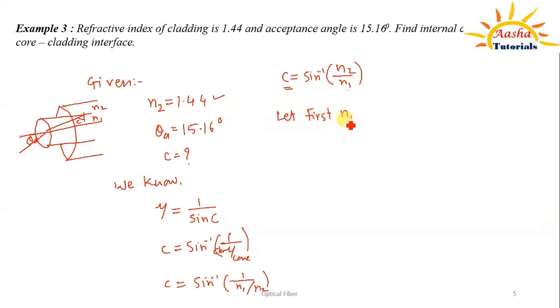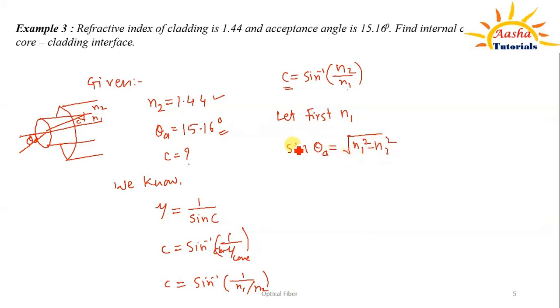And how can we find this? To find n1, we are given the next term, the acceptance angle. We know the relation between acceptance angle and n1 and n2: sine of theta a is equal to root of n1 square minus n2 square.